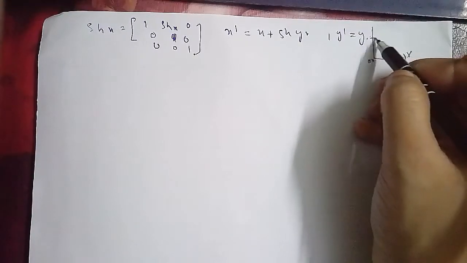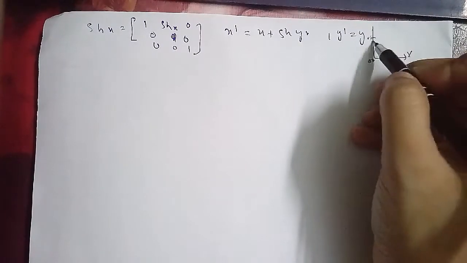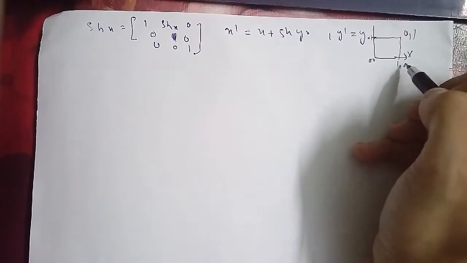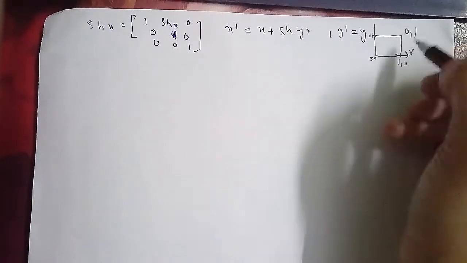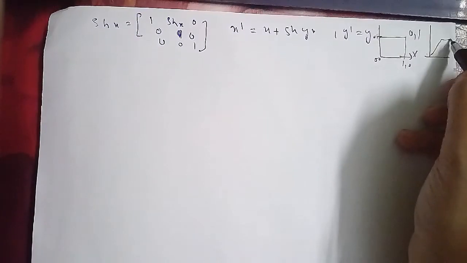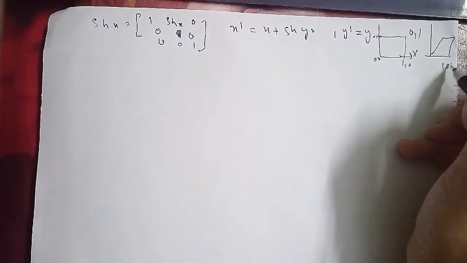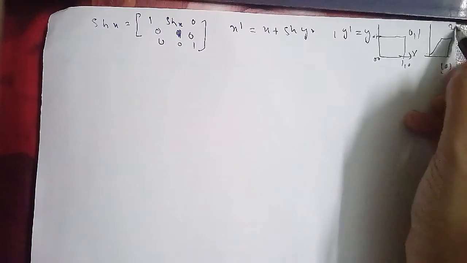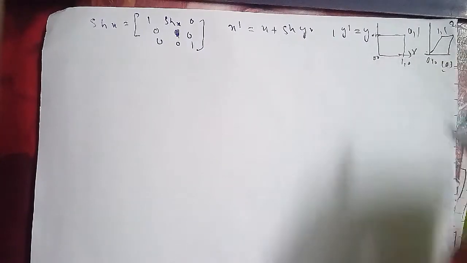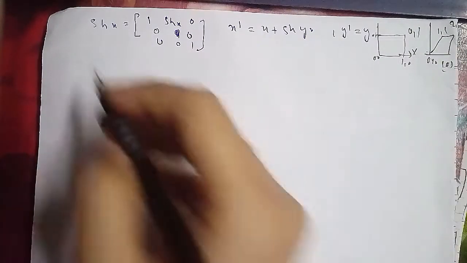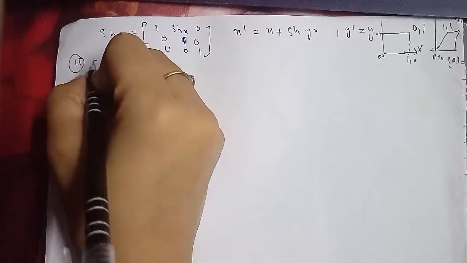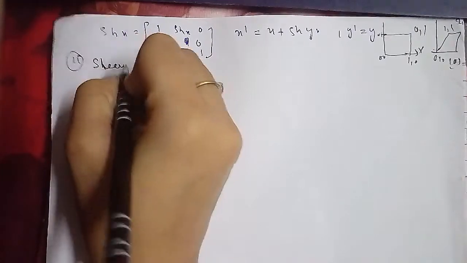Now we'll talk about the second one, that is shearing along the y direction. In this y direction, the shear relative to the y-axis is produced with the transformation matrix, and for that the matrix we have is in the form of shy equals 1 0 0, shy 1 0, and 0 0 1.